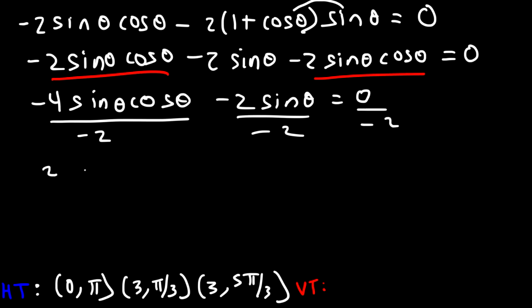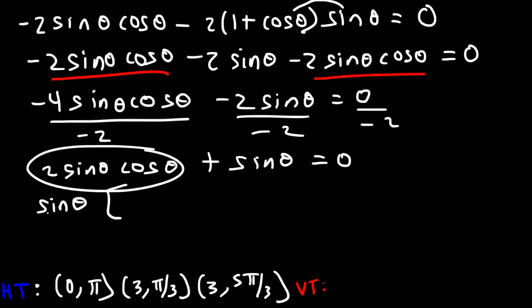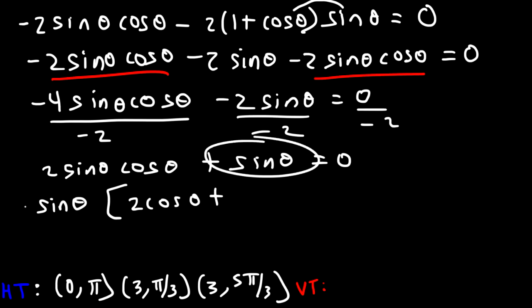And then you're going to get +2 sine theta cosine theta plus sine equals 0. At this point, factor out the GCF. The greatest common factor is sine theta. And so if we divide this by sine, we're going to get 2 cosine theta. And sine divided by itself is +1. And so this is what we now have.